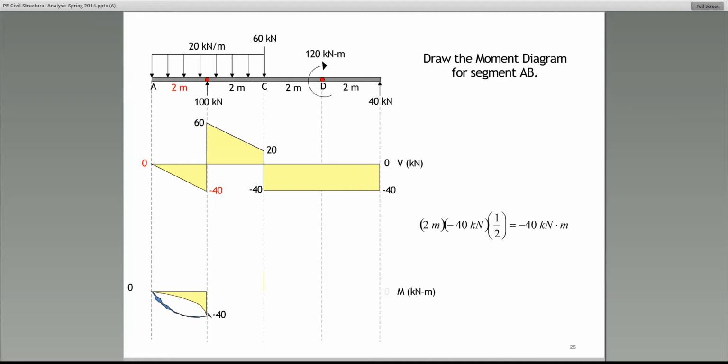Let me see if I can show this. What's the intensity of the shear at the point A? It's 0. I hope that you do agree that the intensity of the shear at the point A is 0. Then, based on the statement that I made, the slope of the moment diagram at that point should be 0. All right?